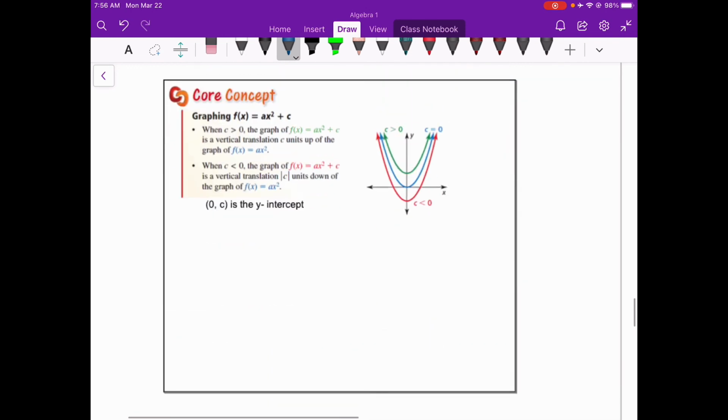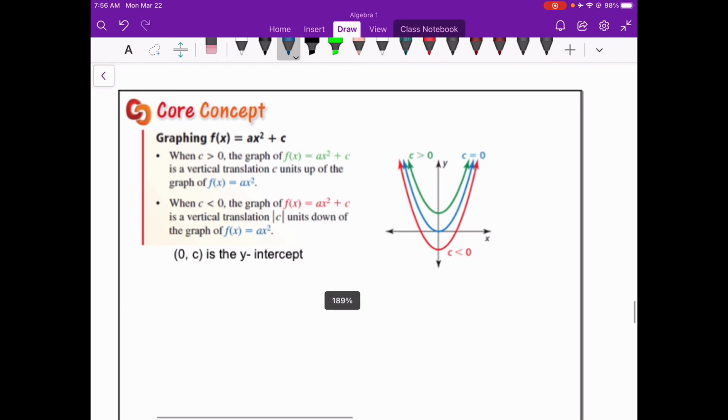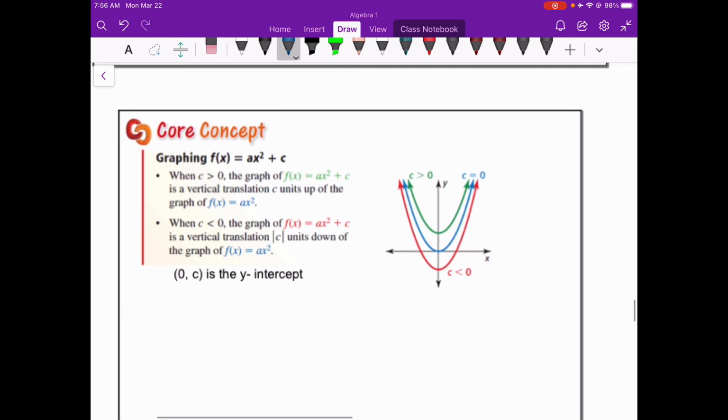Formally, I'll tell you exactly what to write down with my highlights. If C is greater than 0, there is a vertical translation, C units up. So I'd like you to write that when C is positive, it's shifting, and I'll write this in words, shifts up C values. 2 is the last example.